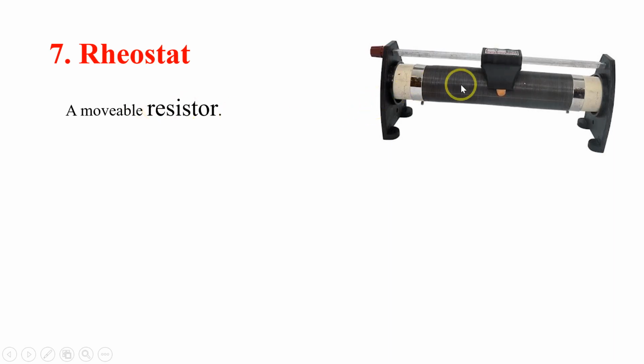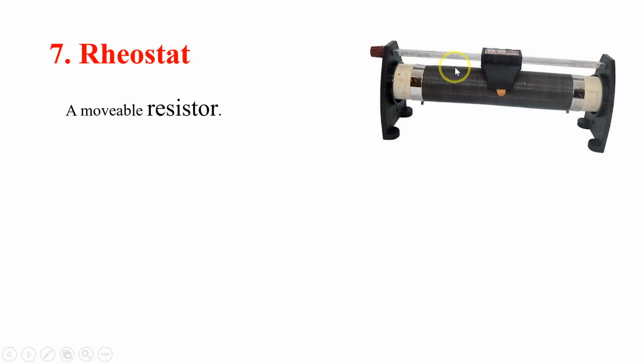Rheostat is also a type of resistor, and which type of resistor? It is a type of variable resistor. You can control the flow of current by moving this portion of the rheostat right and left. If you want to increase or decrease the resistance of this electric circuit, or if you want to increase or decrease the amount of current, you simply move this portion of the rheostat left or right.